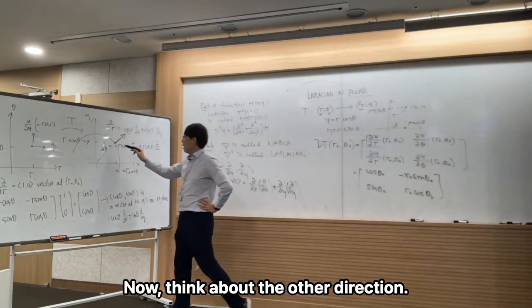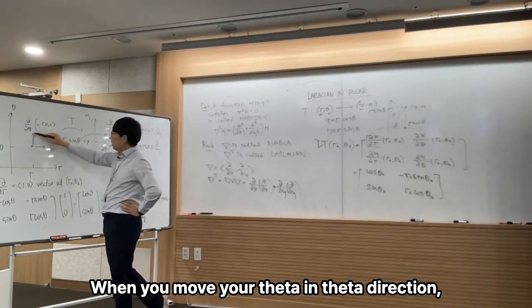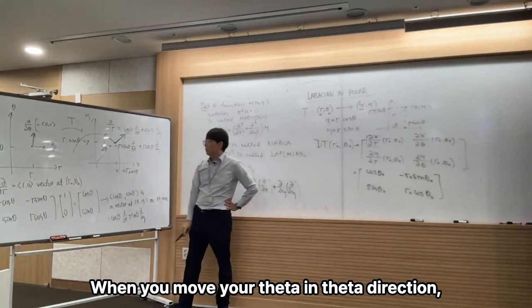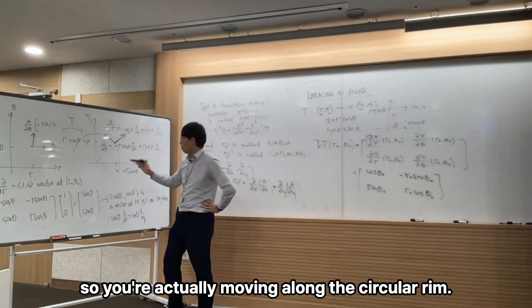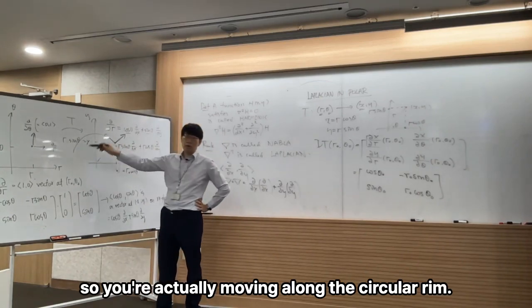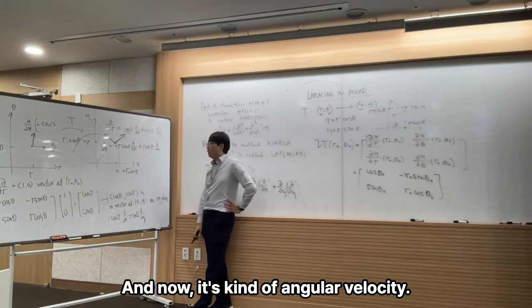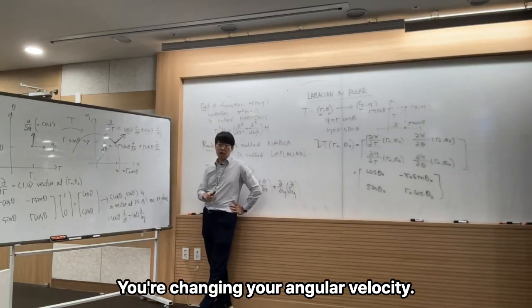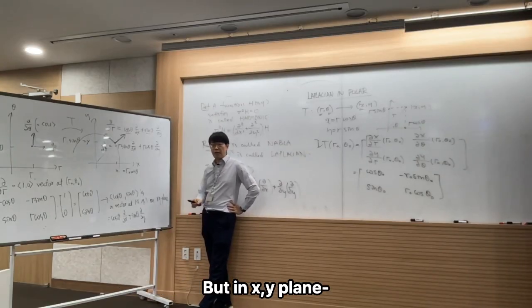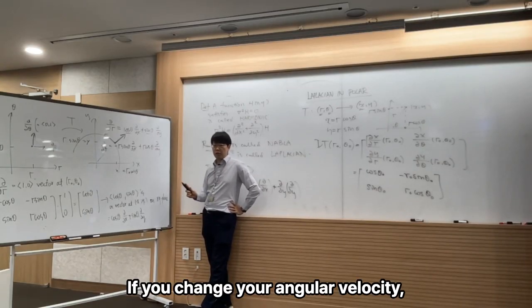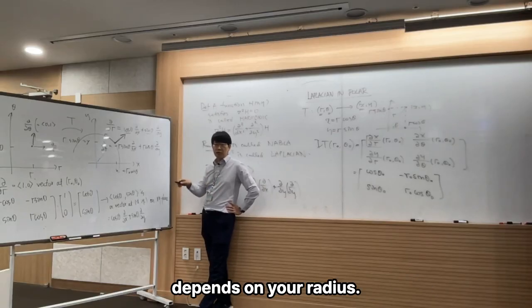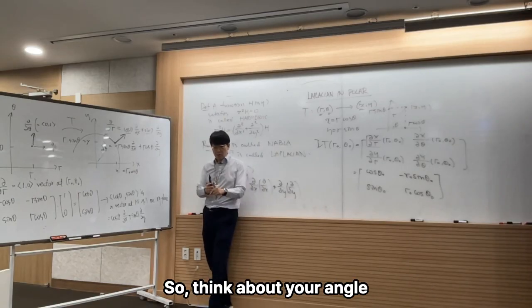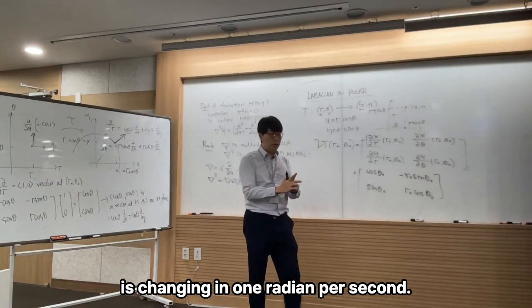Now, think about the other direction. When you move in the theta direction, you're changing your angle without changing your radius. So you're actually moving along this circular rim. It's a kind of angular velocity; you're changing your angular velocity. But in the xy plane, the actual velocity along this circle depends on your radius. Think about your angle changing at 1 radian per second.